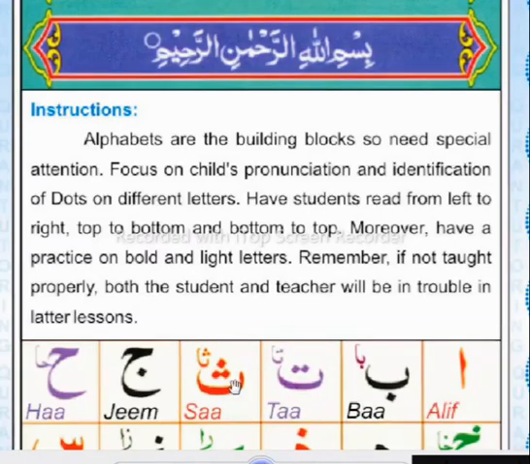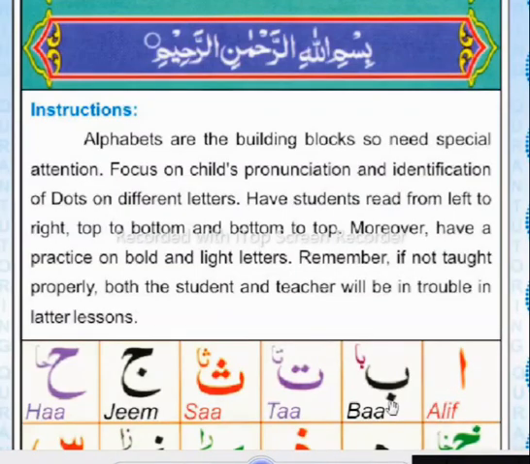The same is the case with the next letter, and it is also like a boat, but it has three dots on the top. Therefore, it is very different from the remaining ones, and this is called Tha. Simple. Tha. Right, mashallah. So the first one is simple Alif.